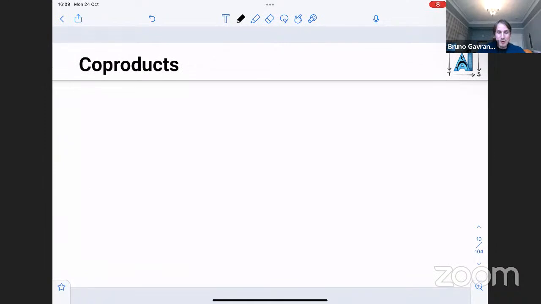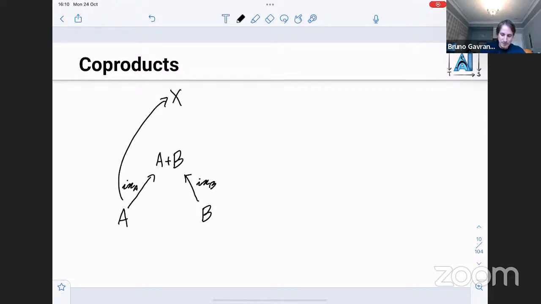We've likewise talked about coproducts, which were the same story, but exactly with arrows reversed. So you might remember we talked about a coproduct of A and B is another object, which we denote now with the symbol plus, A plus B, with injection arrows, which I might call inject A and inject B, such that for any other candidate, we have a universal morphism going out of it.